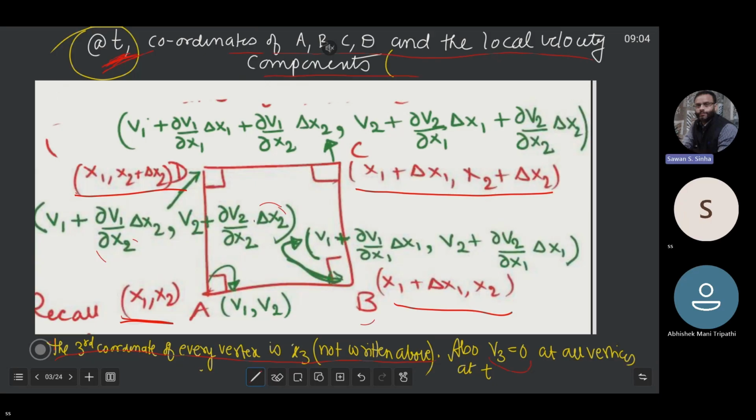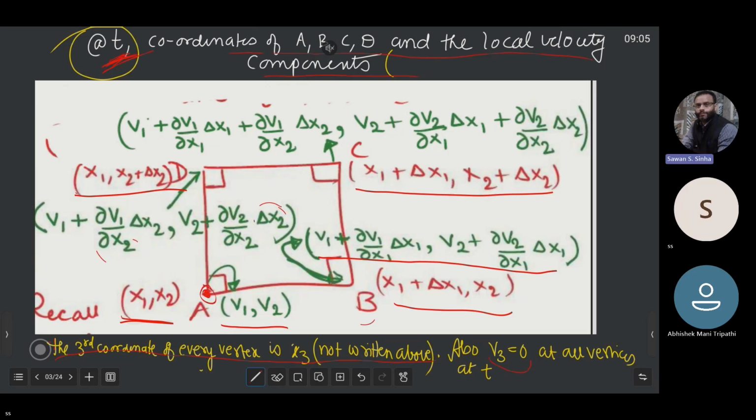At time t. All right. And what I have shown here in green color are the velocity components, local velocity components at the four vertices again at time t. So this I am treating as my base location.